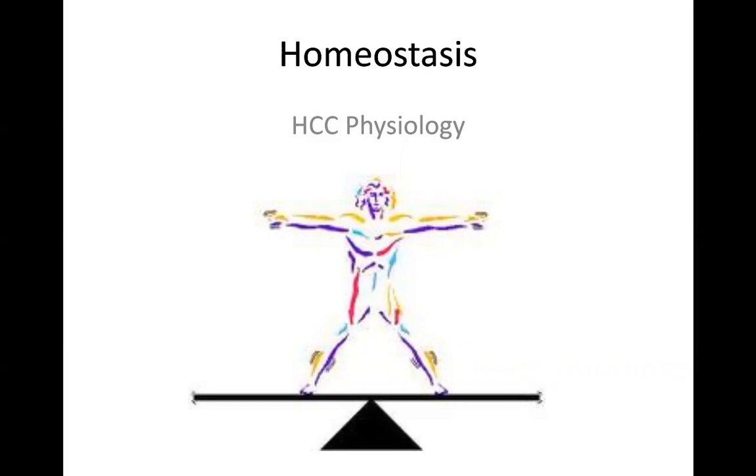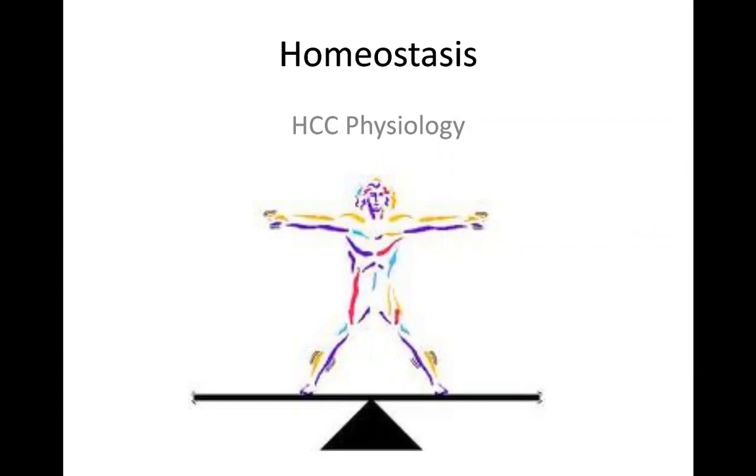The reason I chose this picture is because this Vitruvian Man is standing on something. You can call it a teeter-totter, you can call it a balance, something of that nature, okay? Because that's what we're going to talk a lot about in this class, and that's really what homeostasis is, the term balance. Okay, I'm not going to define it quite yet. There's a more complicated description for homeostasis, but that's what we're talking about in this class, keeping our body in balance best we can.